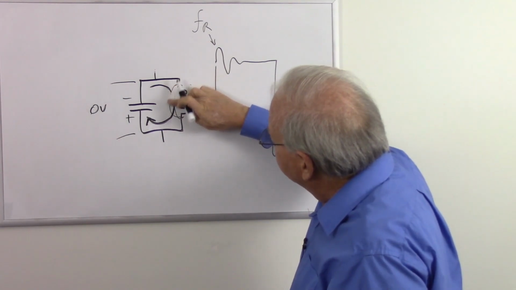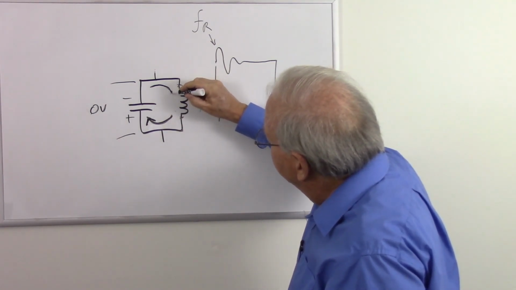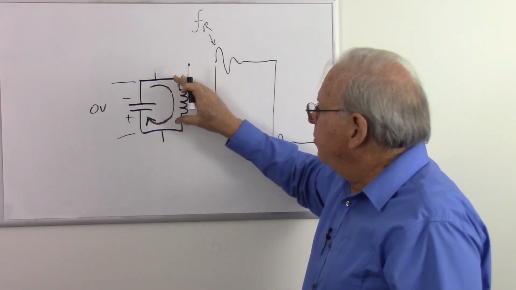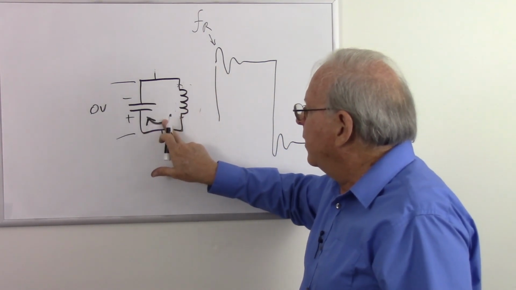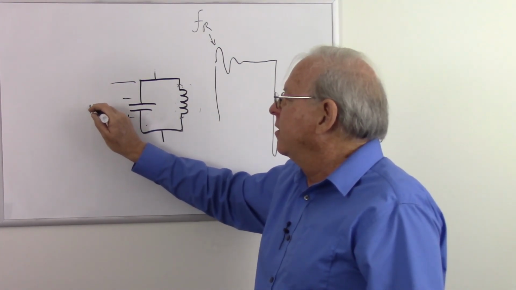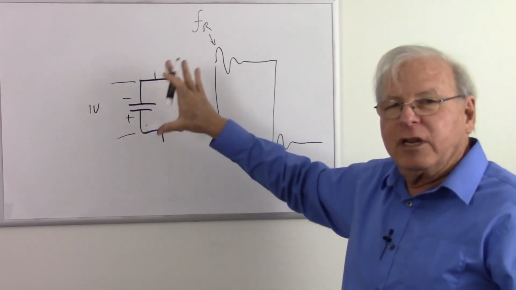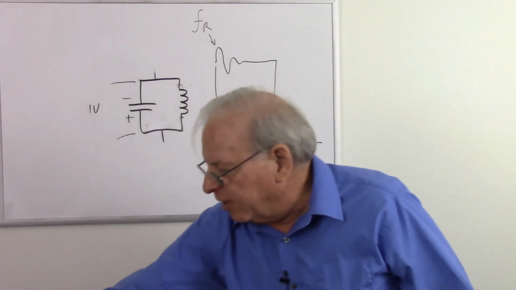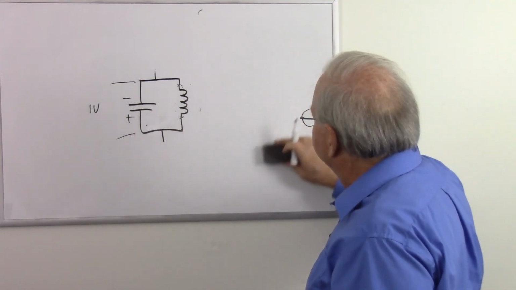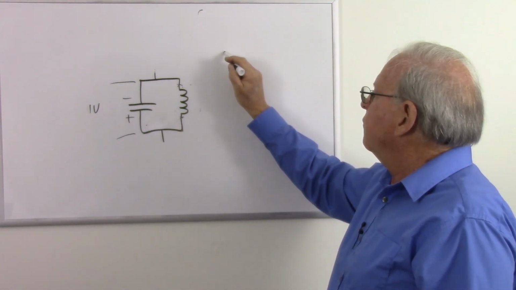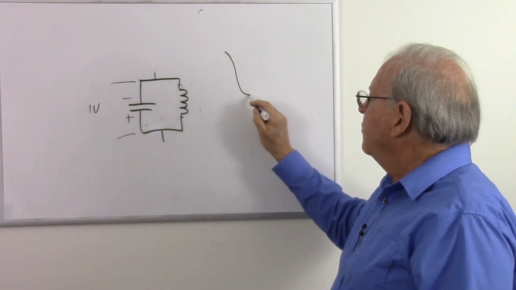It's no longer there. And so we have nothing pushing the current anymore, so the current is gone, but now that capacitor, let's assume that everything's perfect and we didn't lose any energy, is charged to 1 volt in the opposite direction. Let's go ahead and draw what just happened. So the voltage across the capacitor was 1 volt, and then it went down to negative 1 volt.